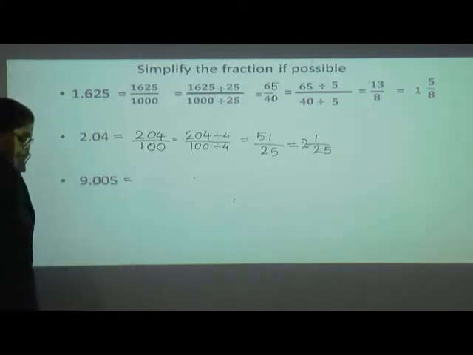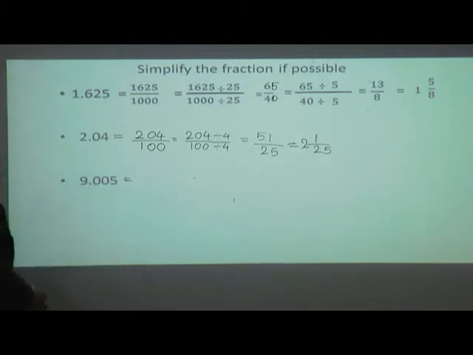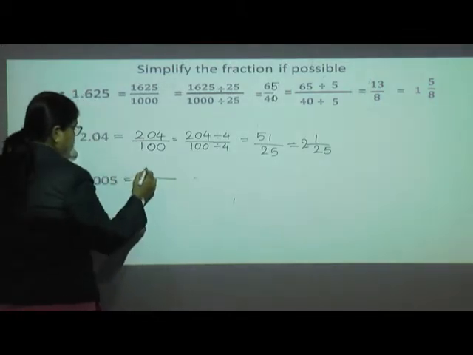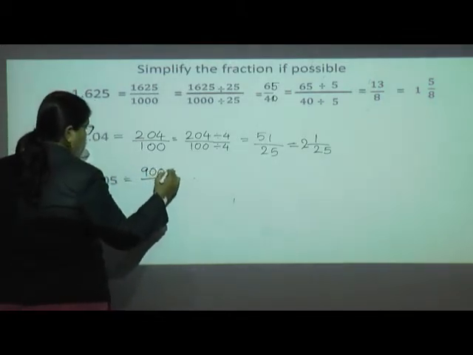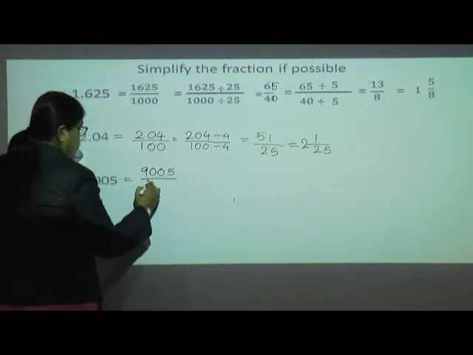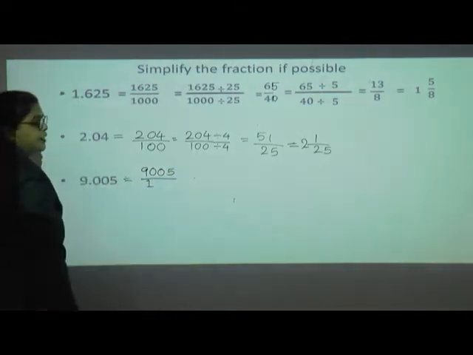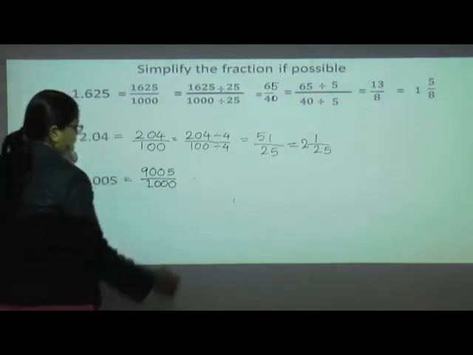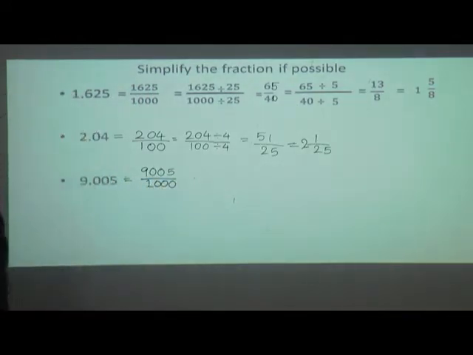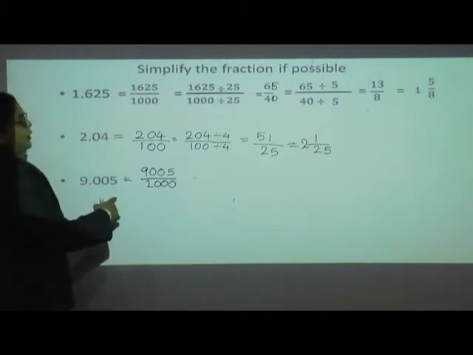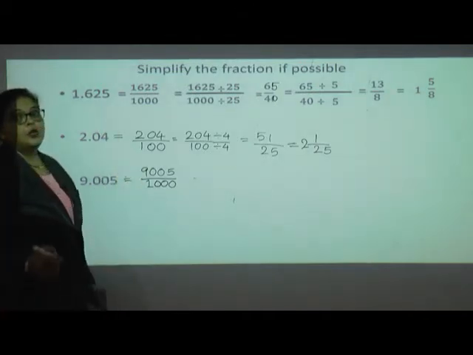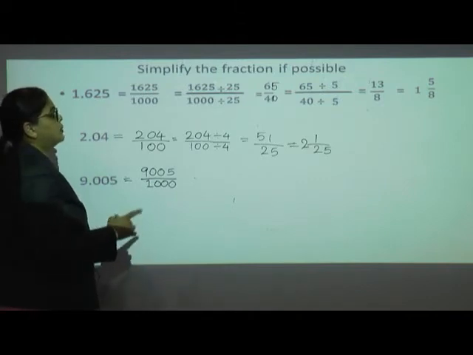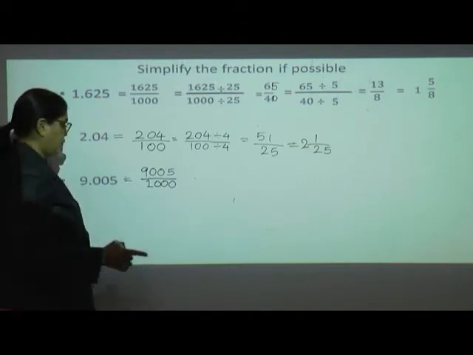We will write whatever numbers are there in the numerator. So here is 9005. Write 1 followed by the number of digits after the decimal. We are having 3 digits, 1, 2 and 3. Nothing else we had done, just we had used the rule steps to convert the decimal into a fraction form.